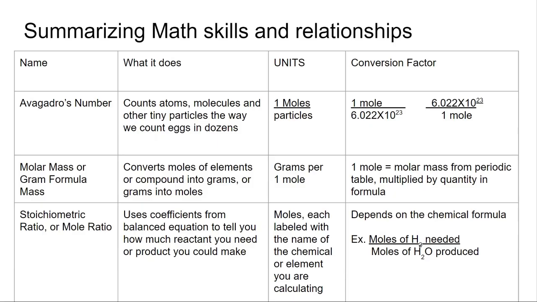Why is this demonstrating understanding? I was able to identify what this does and how it's measured. I could show you, get it all summarized in one place. Okay, how is this application? It tells you exactly what conversion factors it produces so that you can do the problems that you need to solve.